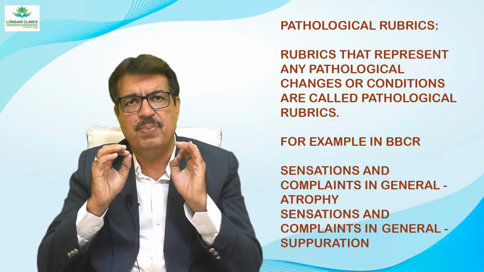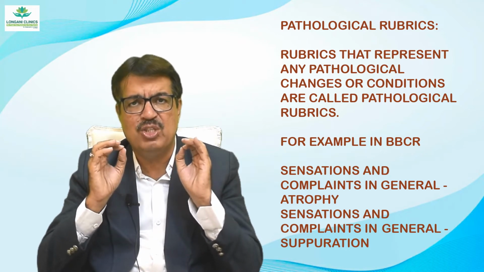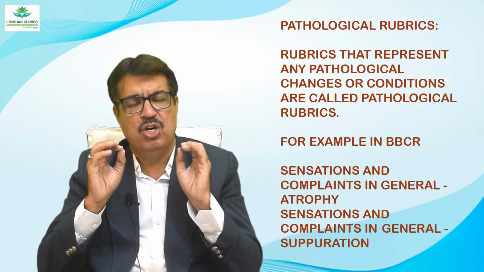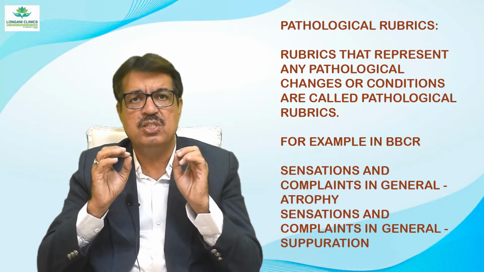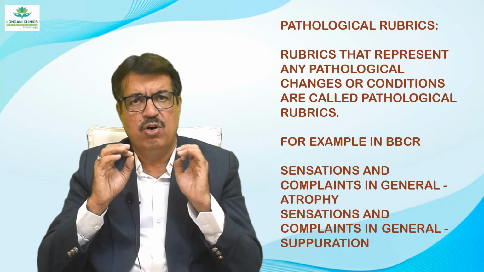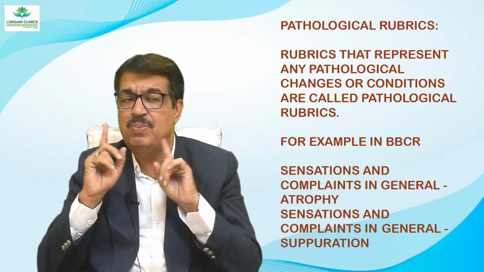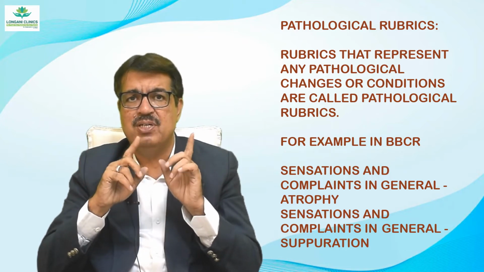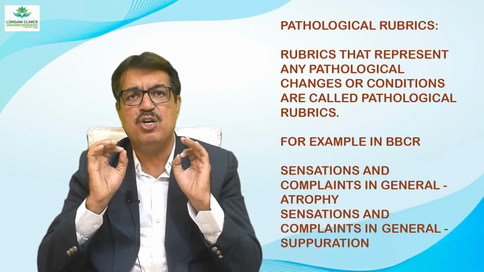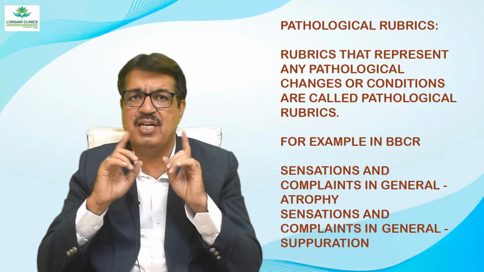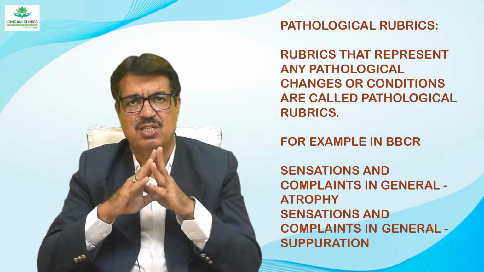Now we will see the pathological rubrics. Rubrics that represent any pathological changes or conditions are called pathological rubrics. For example, in BBCR, in the chapter Sensation and Complaints, in general, atrophy; in Sensation and Complaints chapter, in general, suppuration.